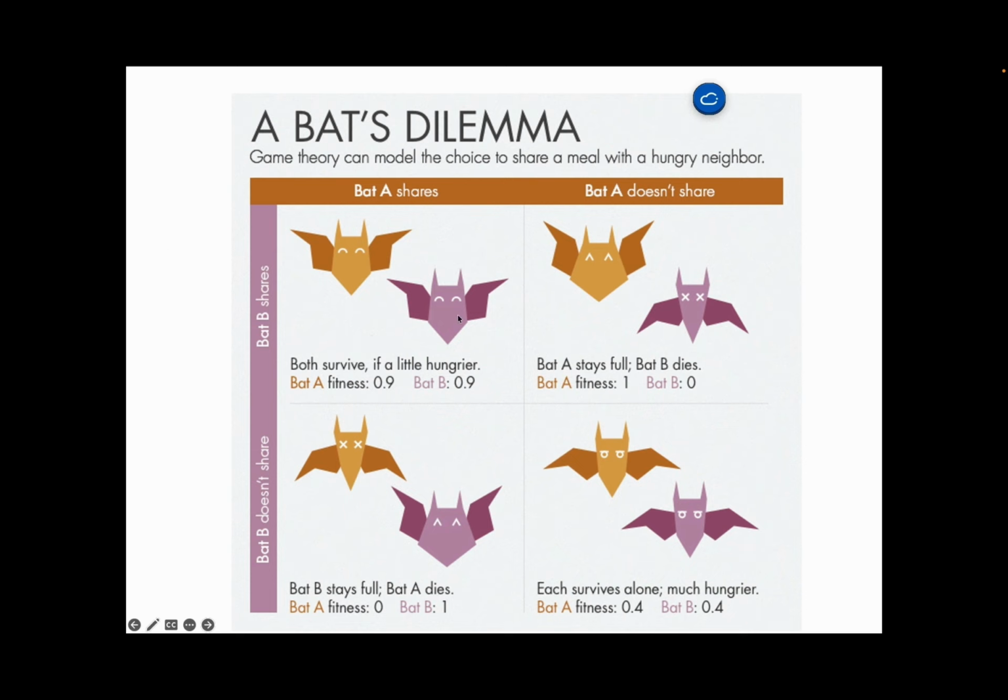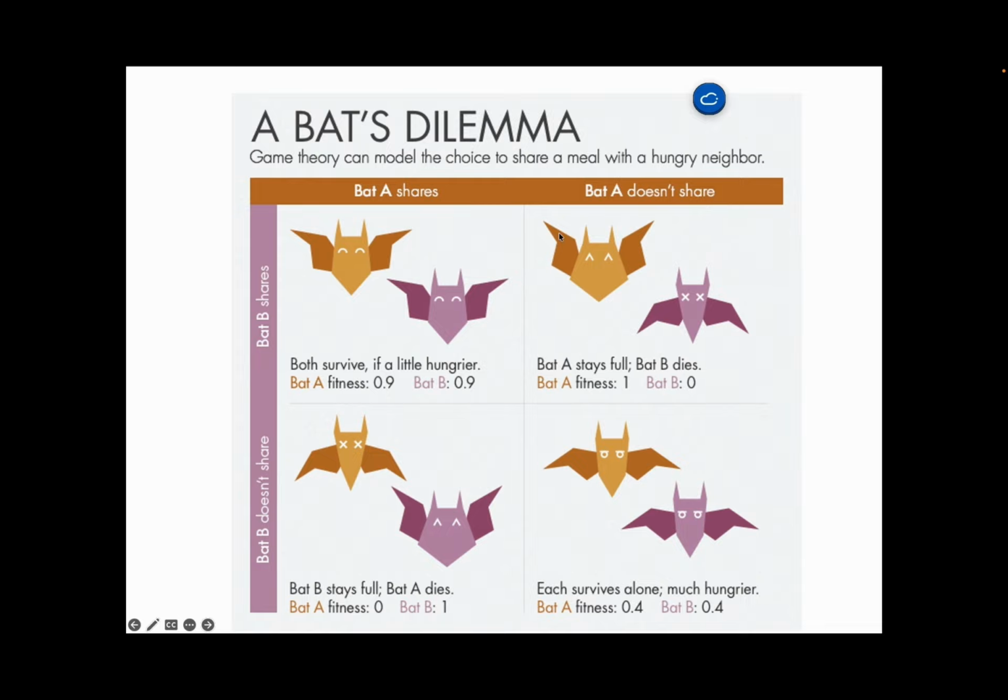Well, if bat A shares also with bat B, then its fitness payoff is, say, 0.9. Both survive, but each of them is not quite as full as they could be. If bat A doesn't share, if it accepts the help from bat B but doesn't share with bat B when it's its turn to share, then its fitness is even higher. Its fitness is 1. So it does a little bit better by not sharing than by sharing.